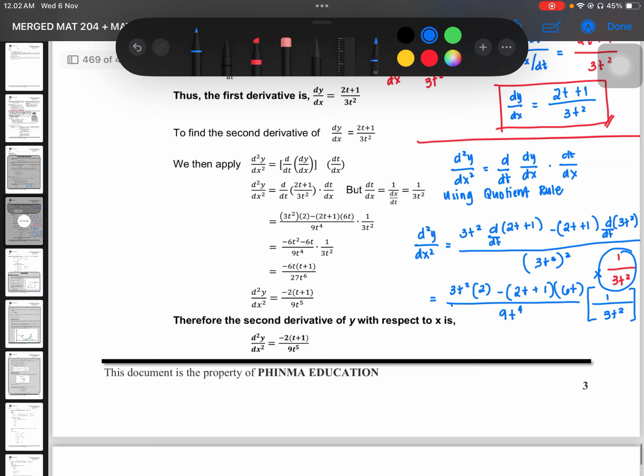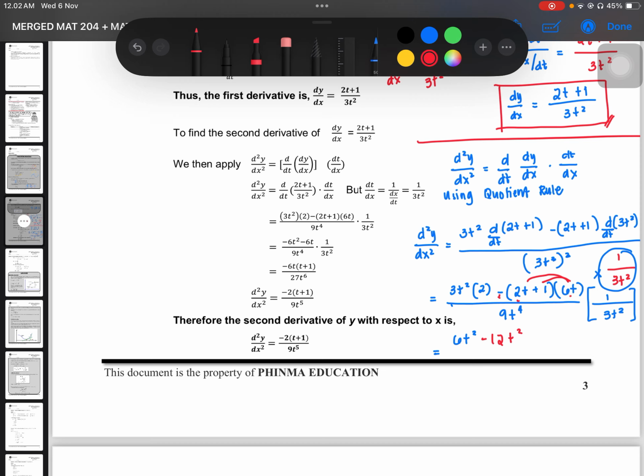Okay. So, simplify lang natin. 3 times 6t squared, wait, 3 times 2 is 6, t squared. Tapos ito, i-distribute na natin siya. So, negative times 2 is negative 2, times 6t is negative 12t squared. Tama?